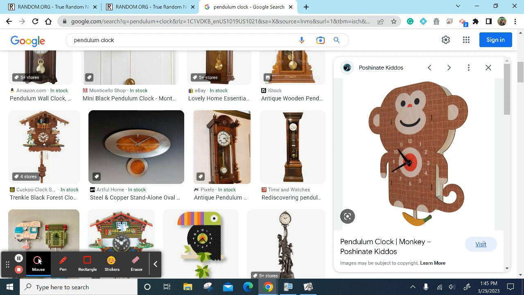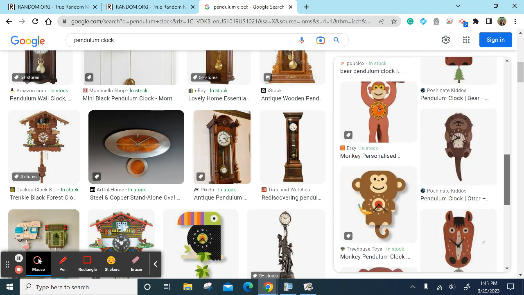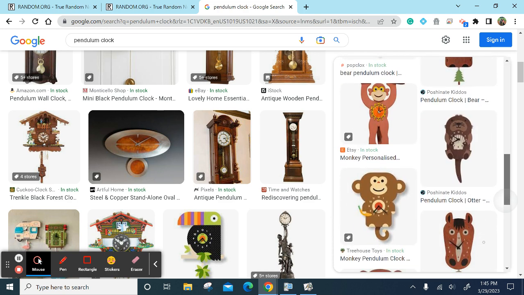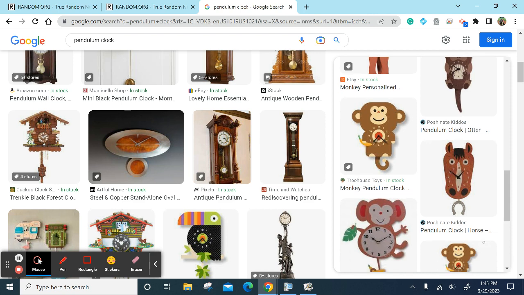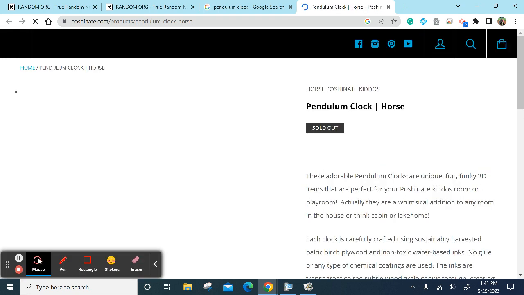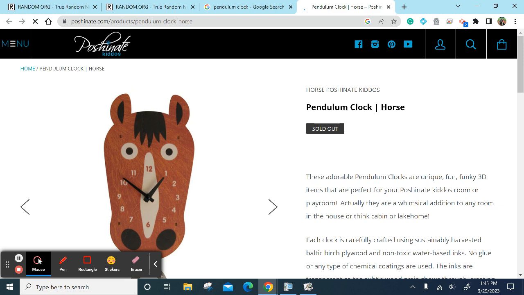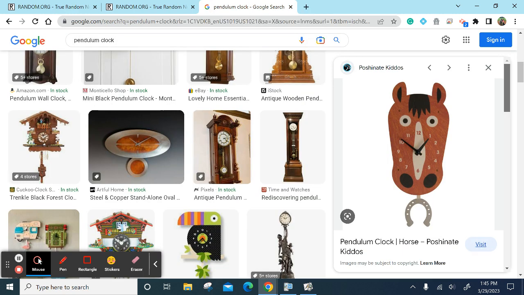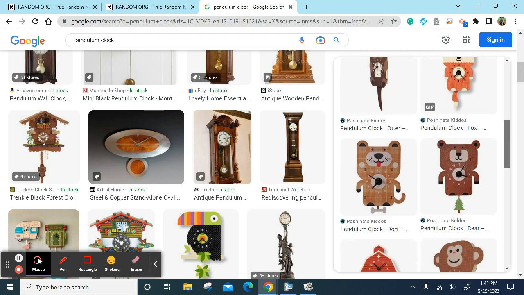I'm just trying to point out the price of these. And now that they're sold out, it makes it even more ridiculous. There you go, a little horse with the horseshoe. This definitely can't be sold out. Look at this thing. Everybody should see that thing? And of course it is. Of course. Yep. What's not sold out here?